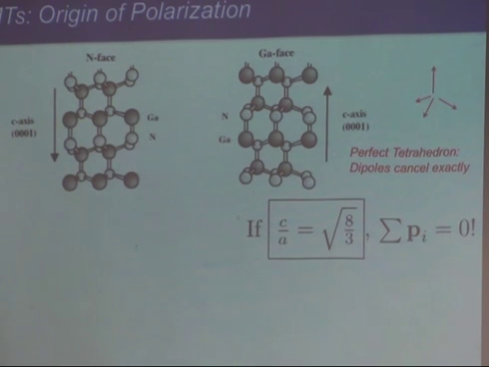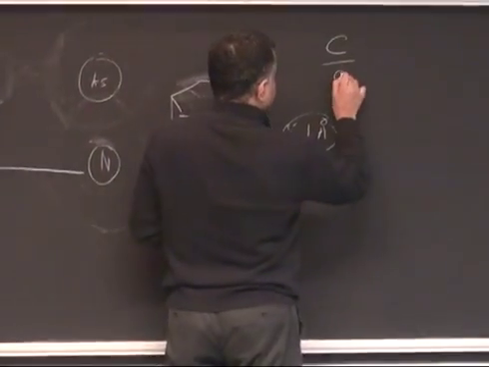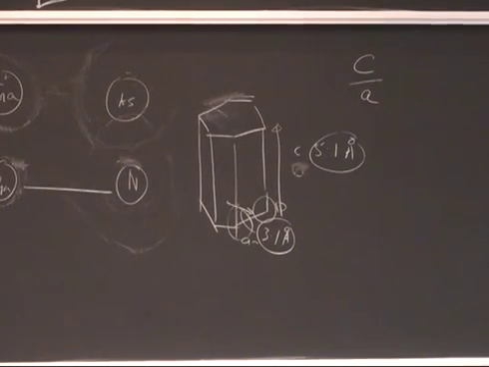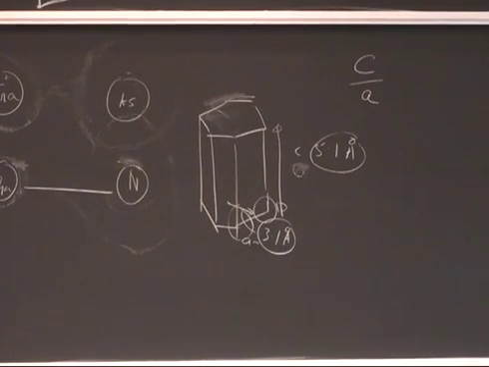Gallium has 4 nearest neighbors, nitrogen has 4 nearest neighbors. And if your packing of the atoms were exactly ideal, when you pack hexagonally, you have a C over A, the ideal C over A ratio, if you pack basically balls of exactly the same radii. This is, of course, a geometry problem.